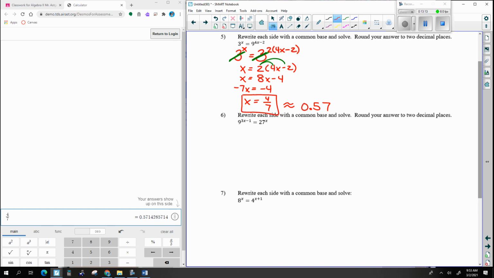Okay, 9 and 27. Those are both versions of 3. So 9 is 3 squared. 27 is 3 to the 3rd power. Okay, so they cancel out.